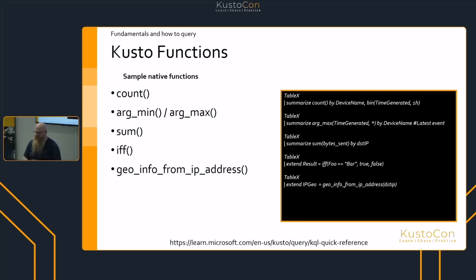So we can actually get the geo-info of the IP regardless of where we find that IP address. If it is in a remote IP column, or if it's somewhere in a process command line or whatever, wherever it is. The examples on the side here is some sort of pseudocode, but it gives you some idea how to use it.